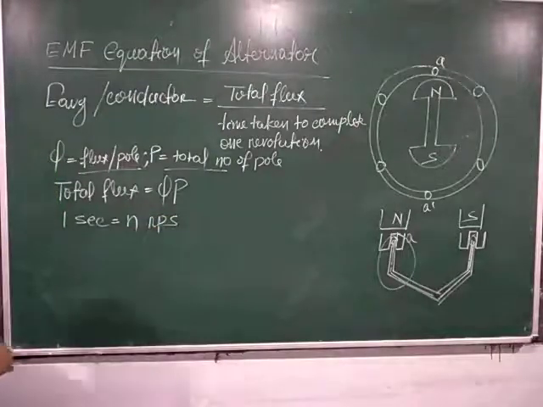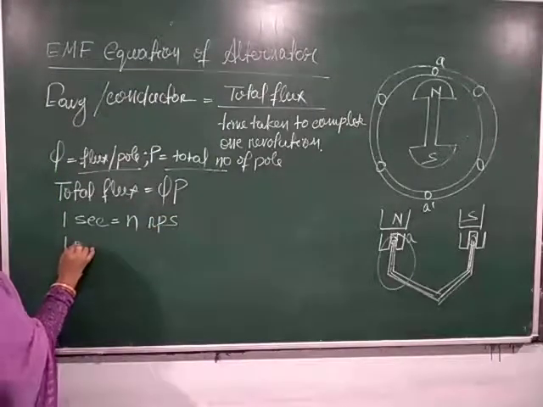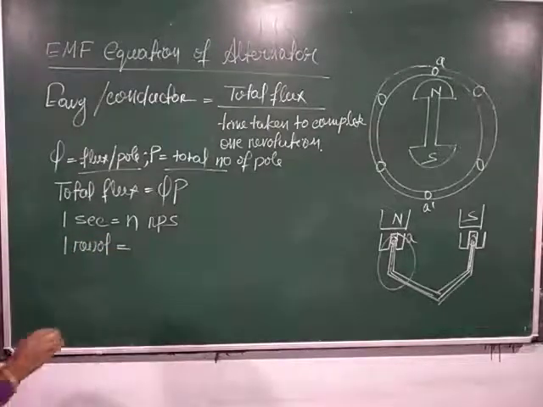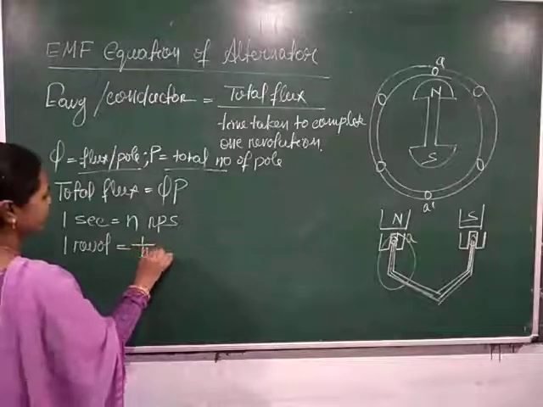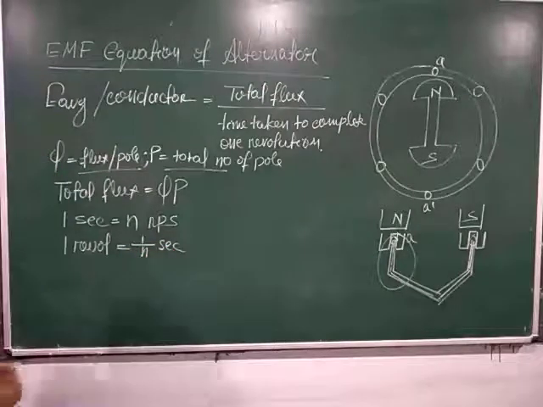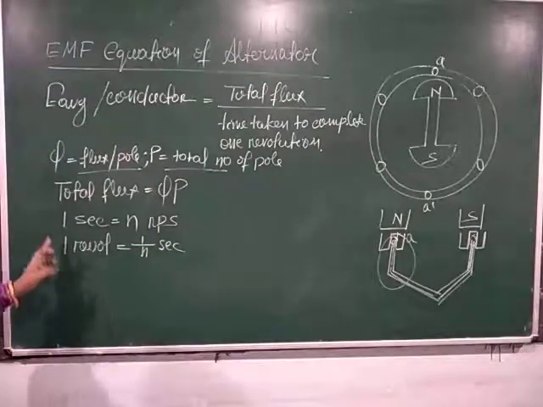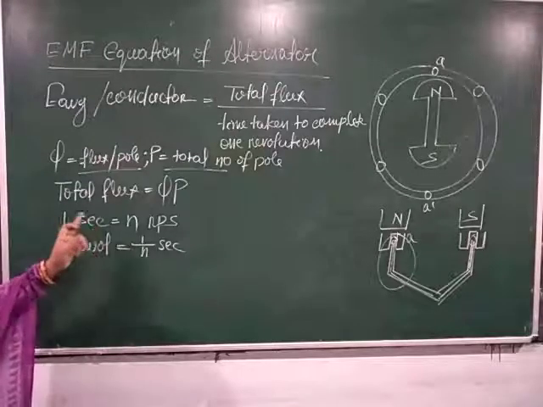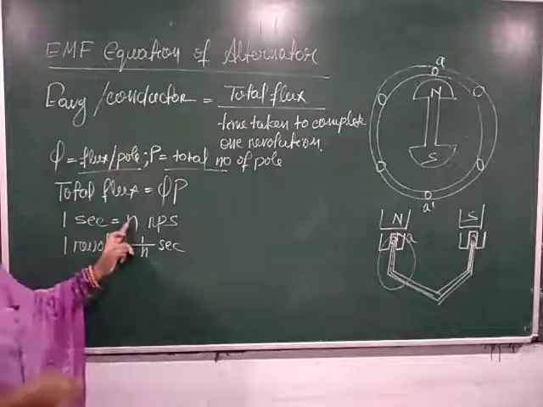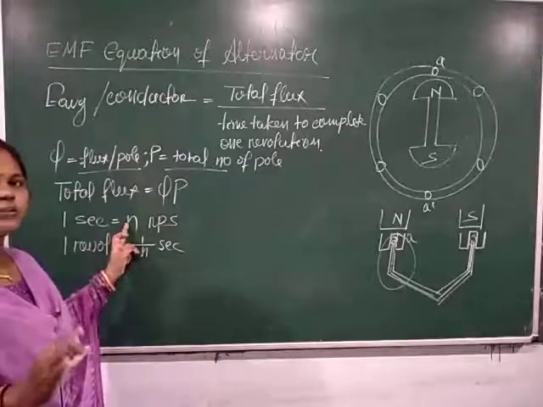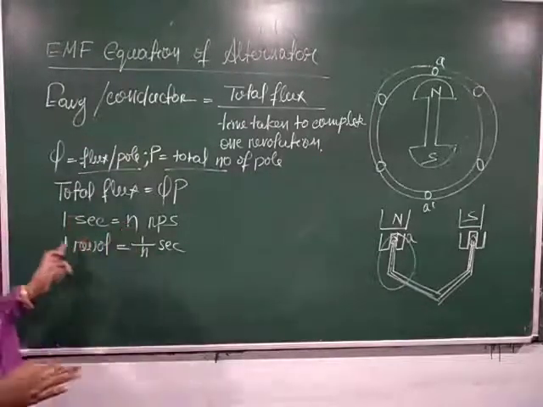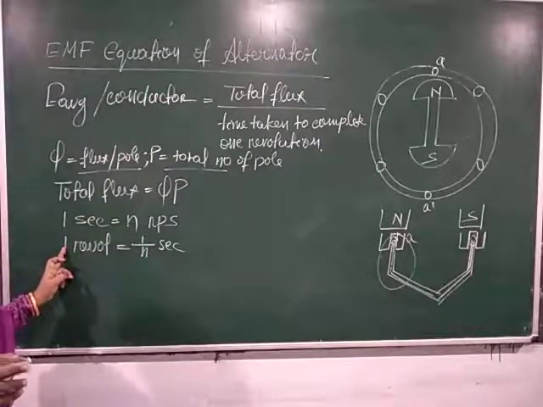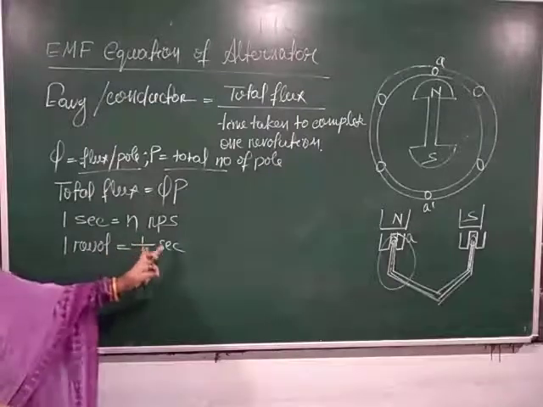So for one revolution it takes 1 by n second. Again I repeat, in 1 second the rotor completes n revolutions, so it takes 1 by n second to complete one revolution.